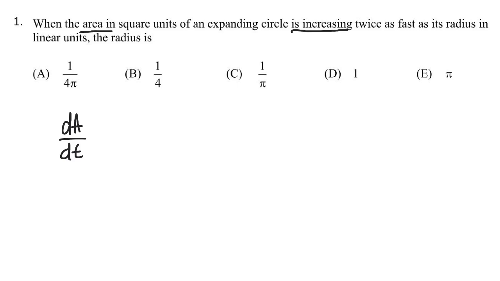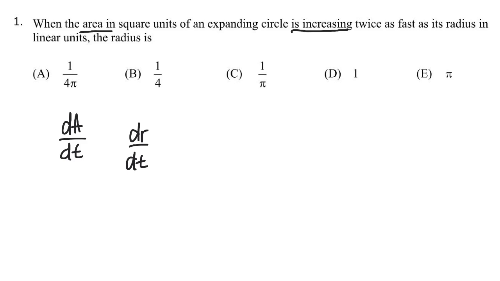Now, how is it increasing? It's increasing twice as fast as its radius. And then it goes on to ask us, well, what is the radius? Well, it's increasing twice as fast as the radius. So I think that's also given me some idea about the rate of change of the radius.